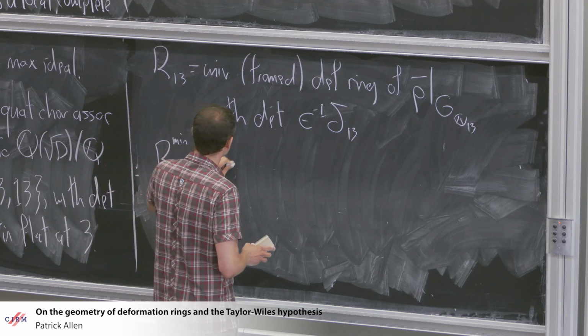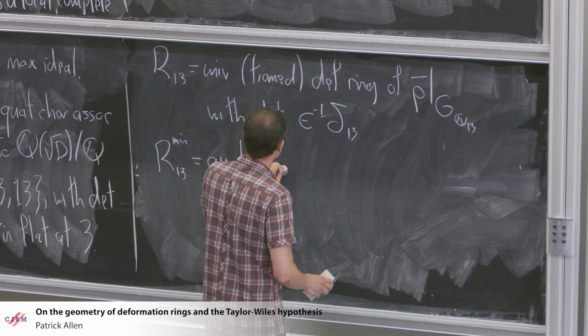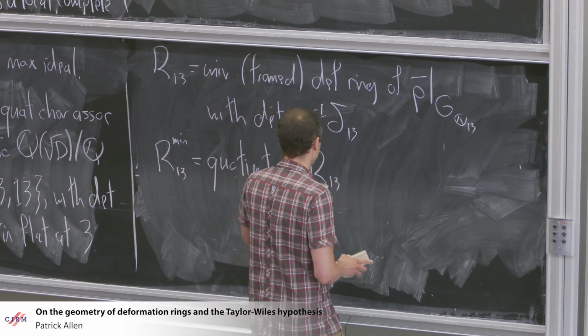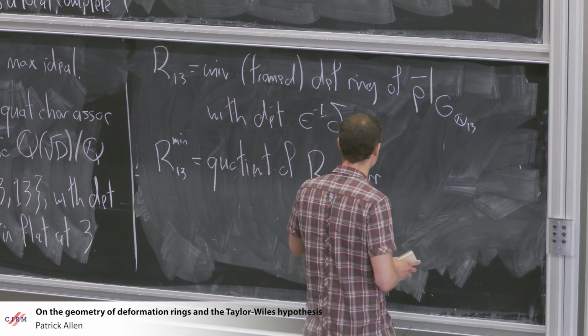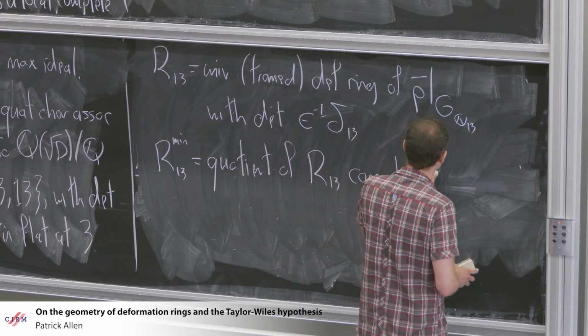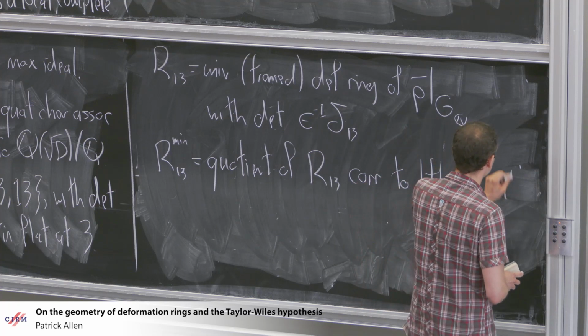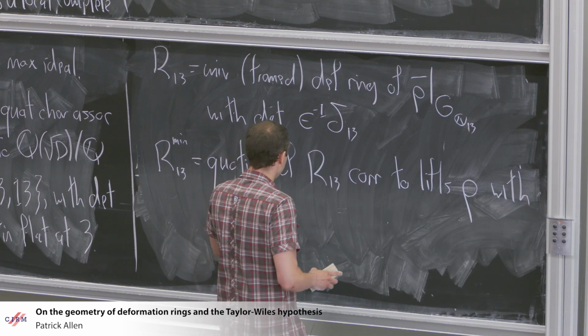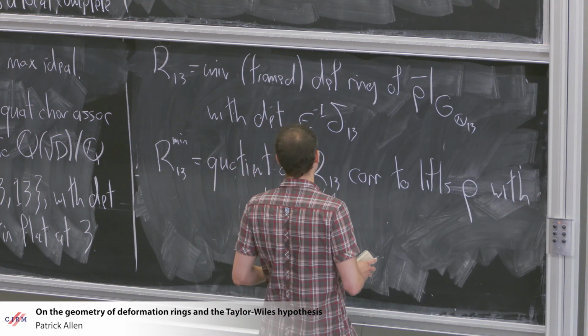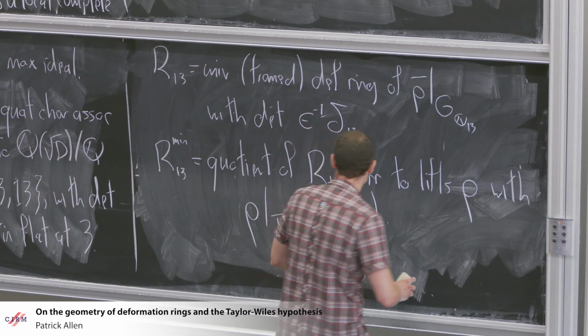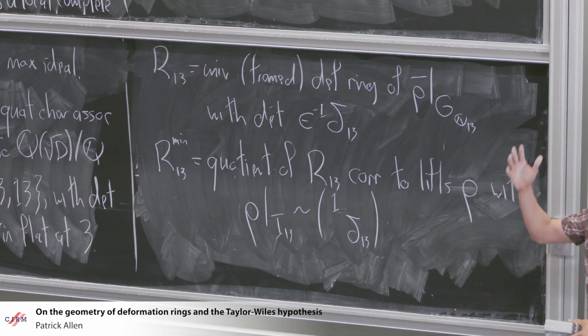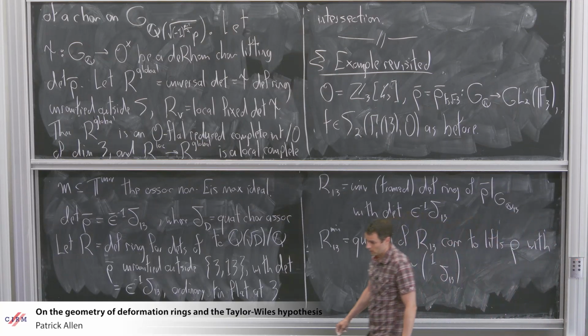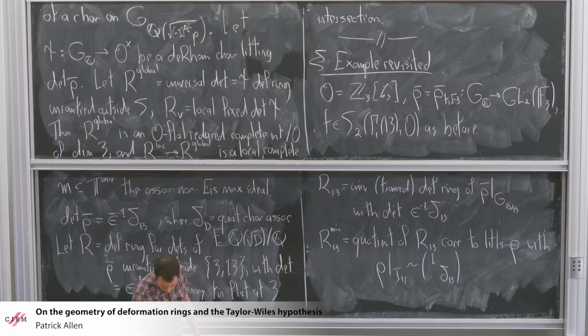This would be the quotient of R_13 corresponding to minimally ramified lifts. So what does that mean? It's rho with rho restricted to inertia conjugate to 1 and then this delta_13, this quadratic character. So I'm not allowing this to deform. Okay, any questions about the setup?